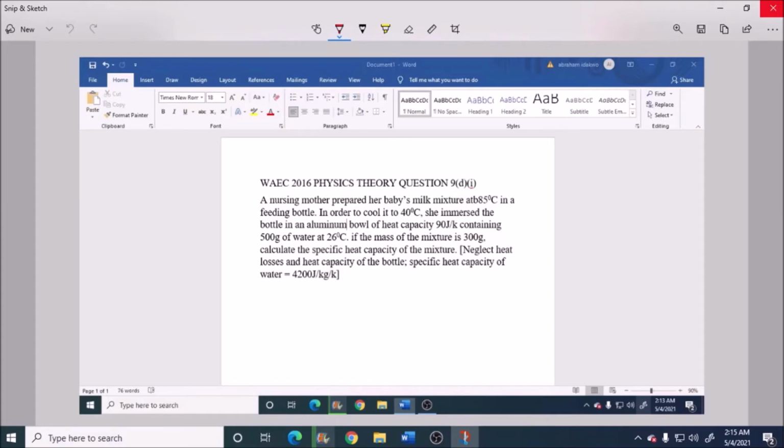So heat lost by mixture is equal to heat gained by water plus heat gained by aluminium.